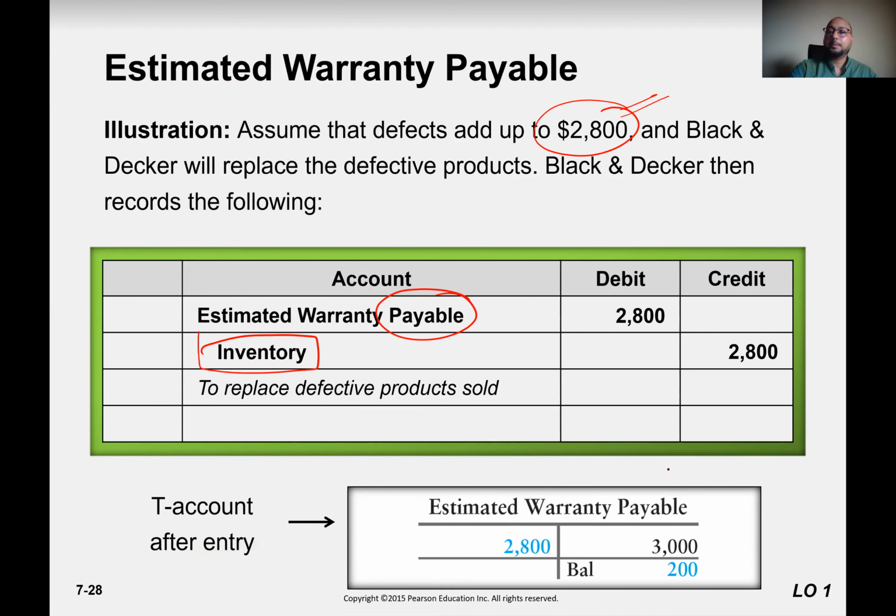So our warranty payable liability is going to look like this. We created the liability with 3,000. This actually happens: 200 is the balance, and we decrease our liability against inventory. We replace that product, so inventory decreases. If we pay them cash, then it's going to be cash here.